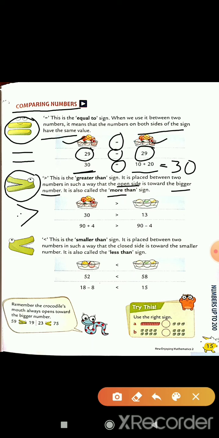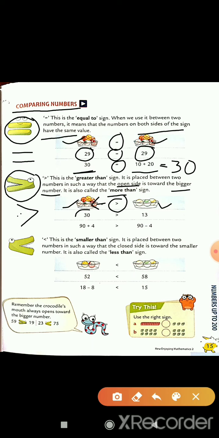Which number? Bigger number. Say for example, in this basket 6 balls are there, and in this basket 3 balls are there. So this sign is the greater than sign, as the open side is with the bigger number.